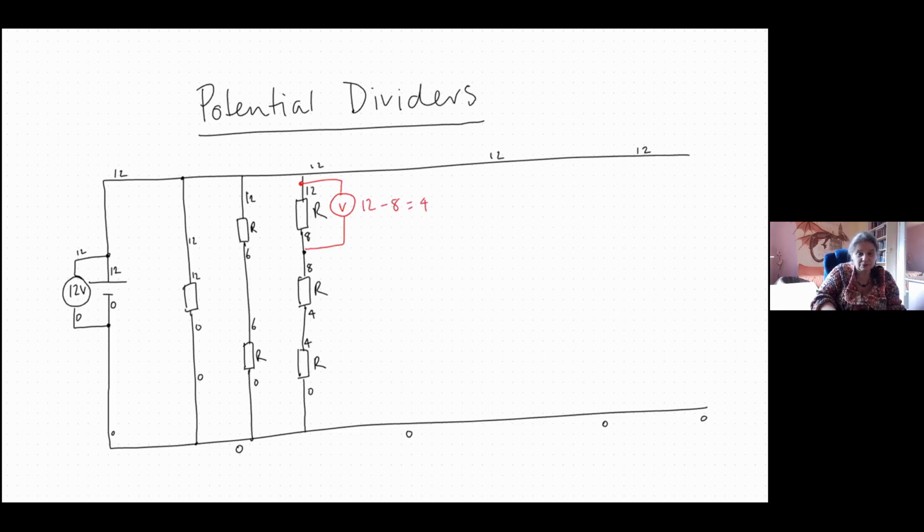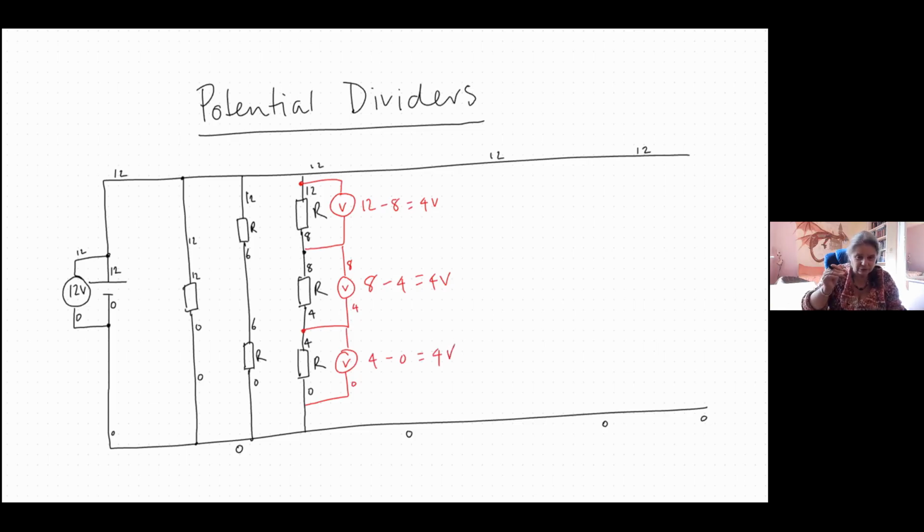If I put my voltmeter across there, it's going to read 8 minus 4, which is 4 volts. And if I put my voltmeter across there, it's going to read 4 minus 0, which is, oh look, 4 volts.